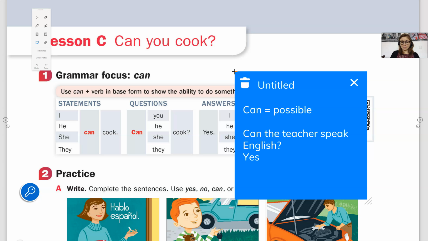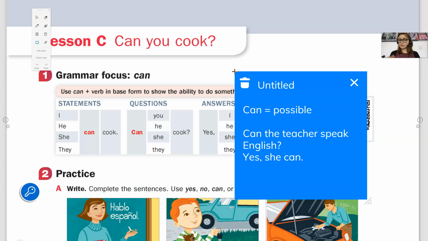The answer, yes, she can, because I'm speaking English right now. But if I change and I say something different, like can the teacher speak German? German language? No, I don't know how to speak German. So the answer, no, she can't. That means not possible with me.